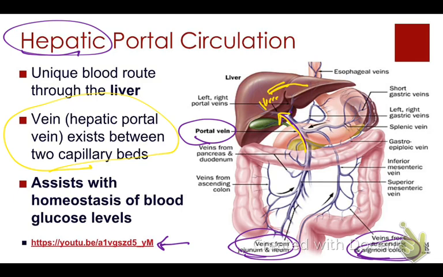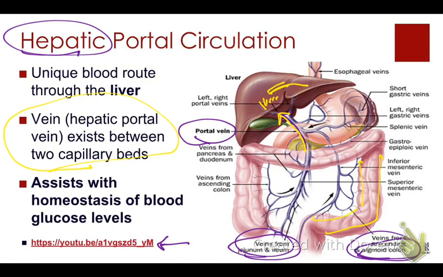So you have these blood vessels where an artery brought blood into the intestines. It got smaller and became a capillary bed. In the intestines, that's where you would pick up your water and your nutrients and your vitamins from the food that you ate. So that's happening at a capillary bed.